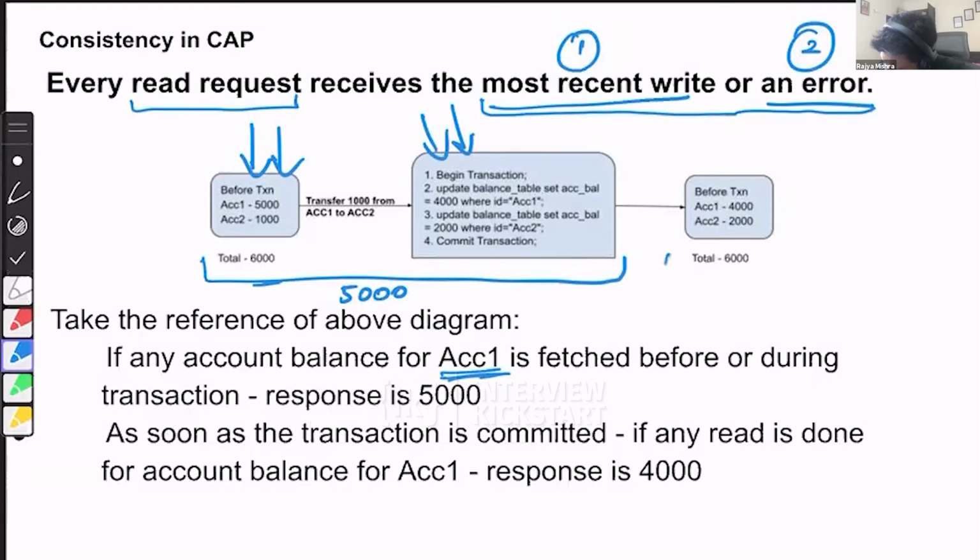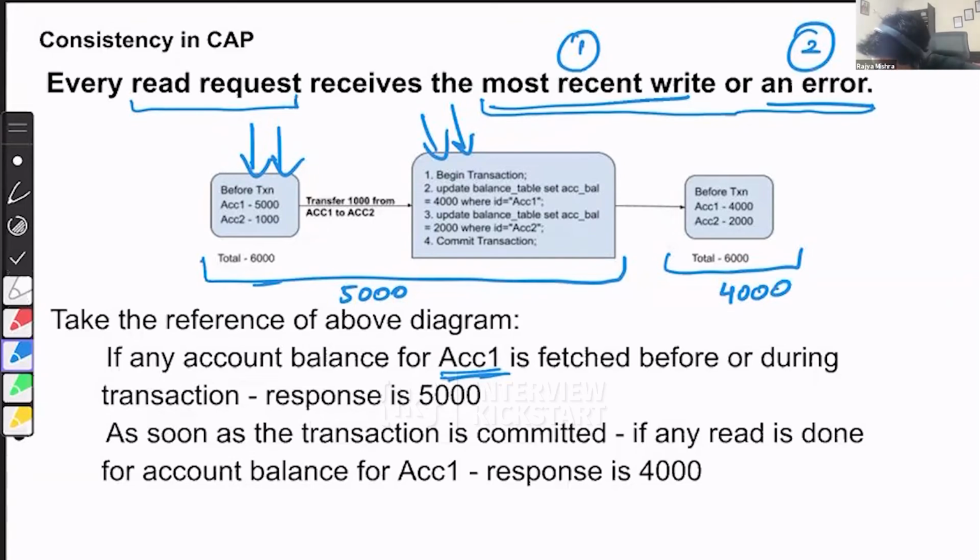And when the transaction has been committed, and if anybody wants to fetch the account balance, then it should come as 4,000.